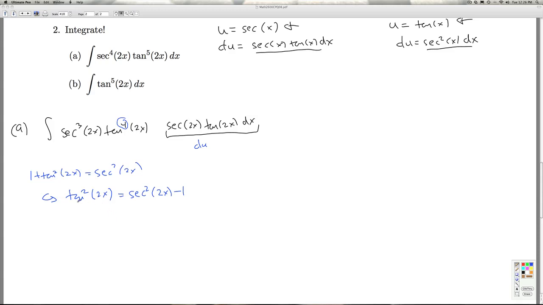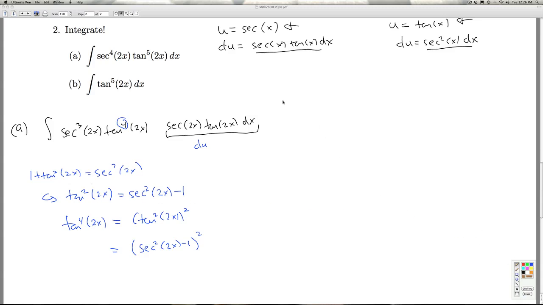And this allows me to exchange any even power of tangents for an even power of secants. Tangent to the fourth 2x is tangent squared 2x squared, and I could write that as secant squared 2x minus 1 squared. So it is possible to do that.